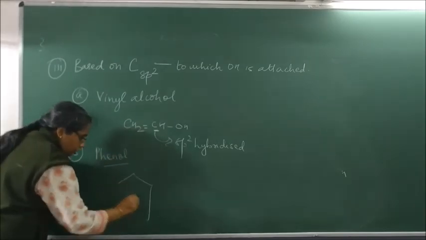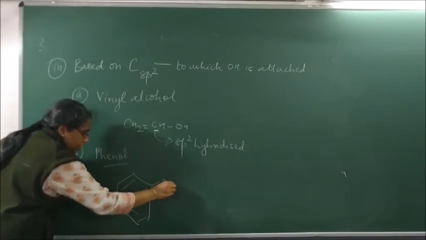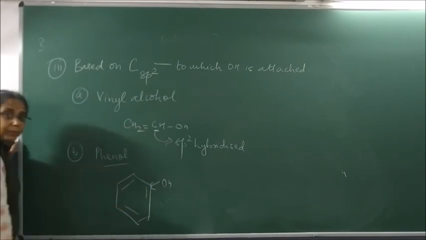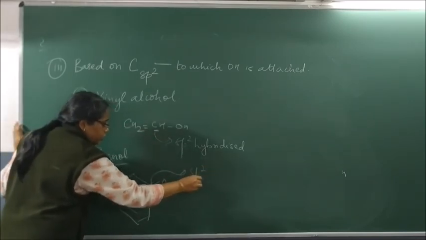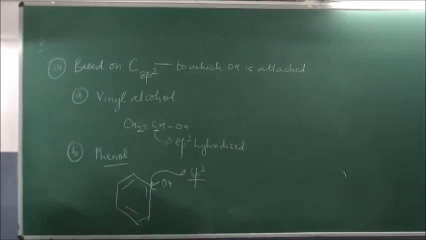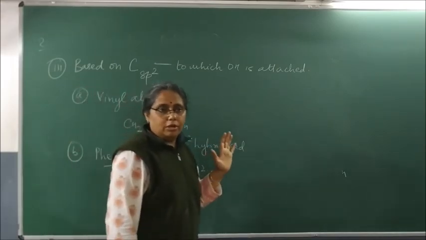Phenol also has a carbon, suppose I add an OH here. This carbon has a double bond. So this carbon also is sp2 hybridized. Clear? So this is the classification of alcohol.